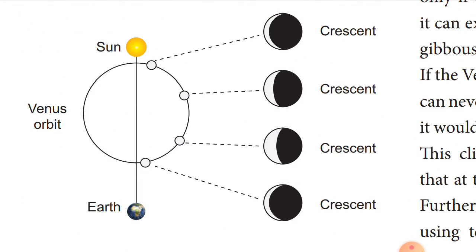So, how do we know that actually the Sun is the center or not, children? See here, Venus orbit. Galileo made observations of the Venus orbit. Children, it's very important, a 5 mark question. Give the observational evidence that supports the heliocentric theory.